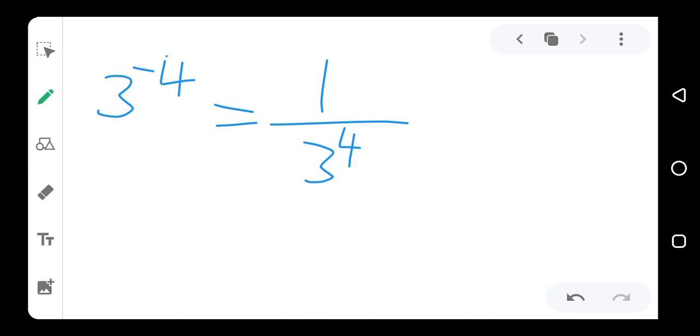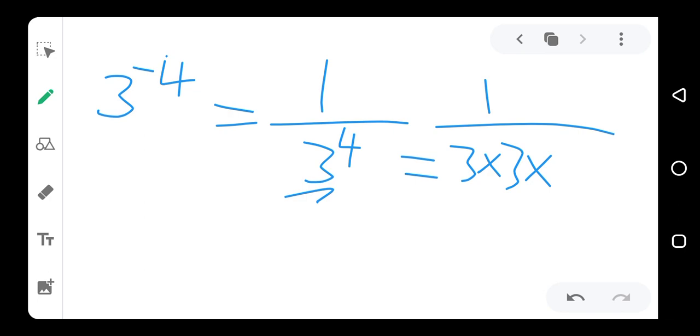Now we find the expanded form of this, keeping the 1 on top intact. So we have 1 over 3 times 3 times 3 times 3.